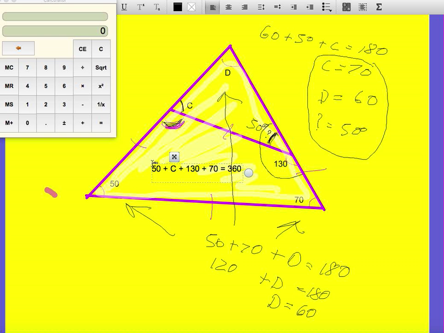Actually, I did this wrong. Not C, the unknown. Let's make that unknown this one right here. We know that 50 plus this unknown plus 130 plus 70 equals 360. Therefore, we can find the unknown, which is 110. If that unknown is 110, that means C is 70 degrees. So those are different ways of finding an unknown angle in a quadrilateral.